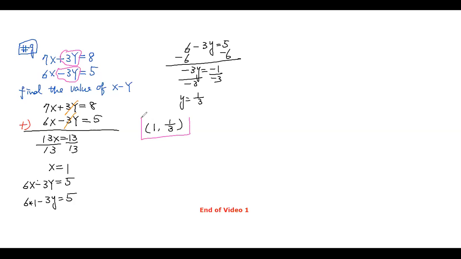Okay? So that's why I say this problem is super easy using elimination. If you say, hey, I want to use substitution, like if you take 7x plus 3y equal to 8, then 3y equals 8 minus 7x, then y is equal to 8 over 3 minus 7 over 3 x, then you substitute back into the second equation.